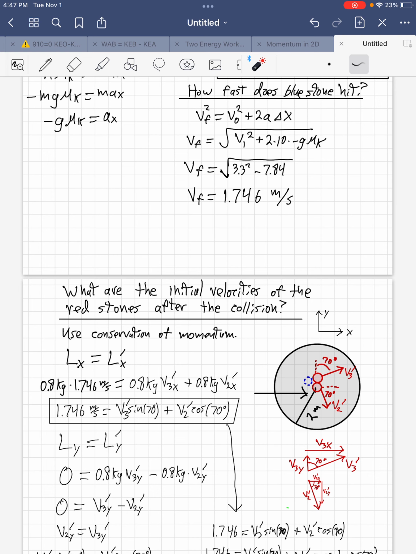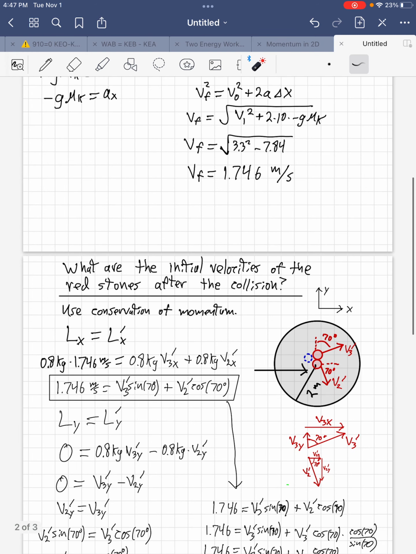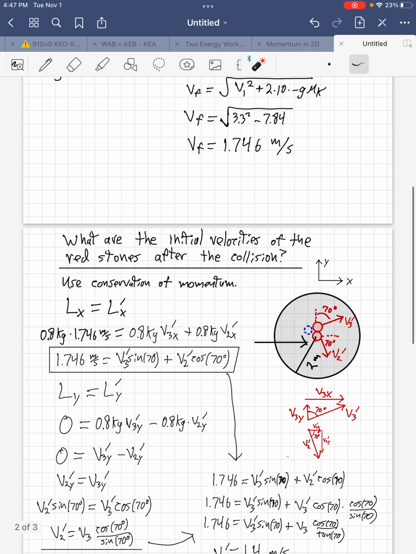All right, so remember, we're going to have the mass of the first red stone times its x velocity, plus the mass of the second red stone times its x velocity. And we can break up the velocity into components. If the top one is stone number 3, and this is stone number 2, let's say.